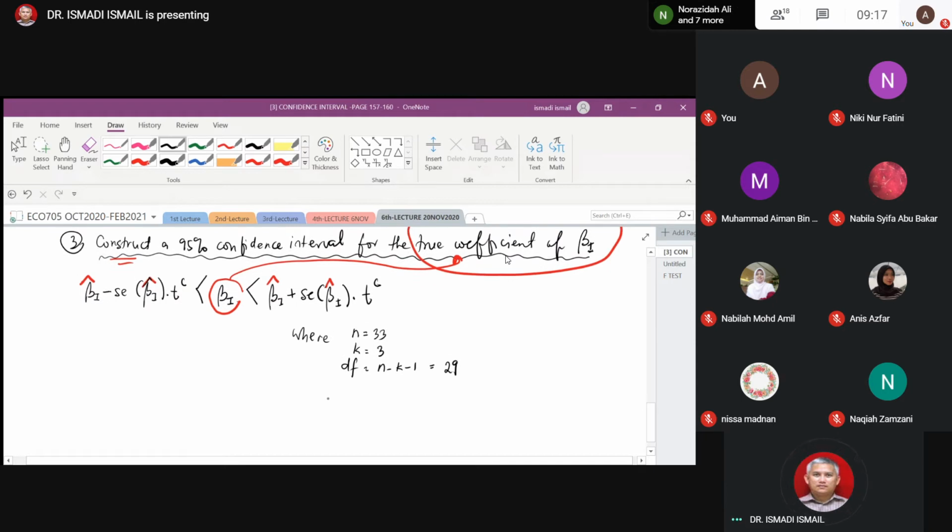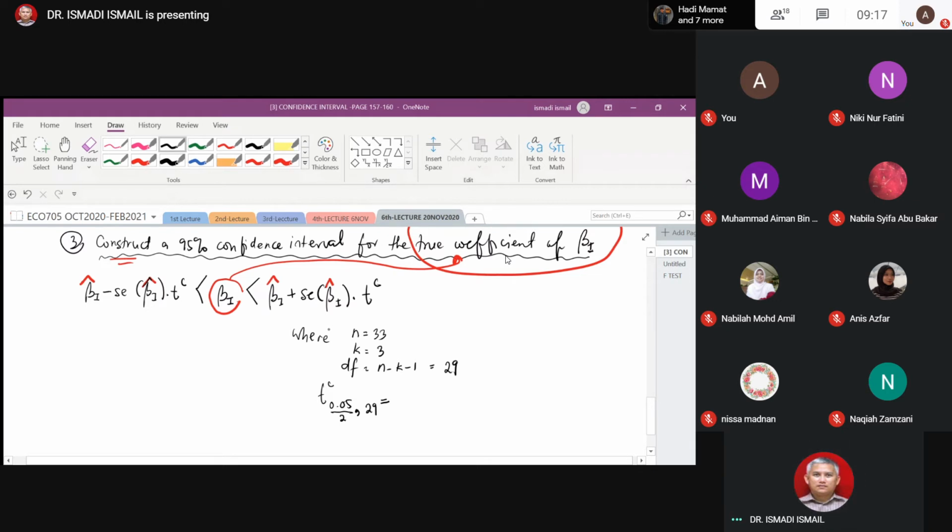And the critical t is 0.05 divided by 2. Remember that 29 is the subscript. So you refer to the statistical table. Some of you have the proper statistical table of t statistics.